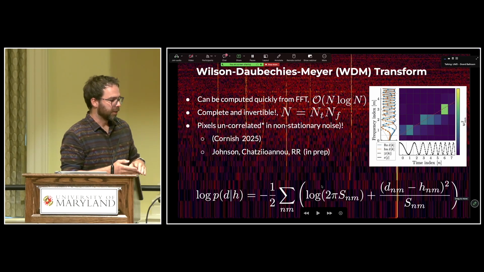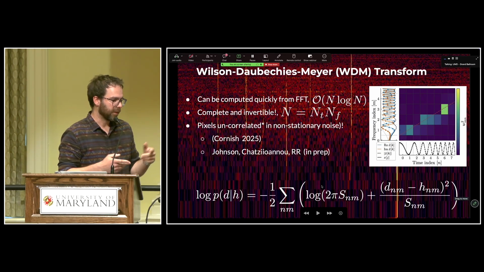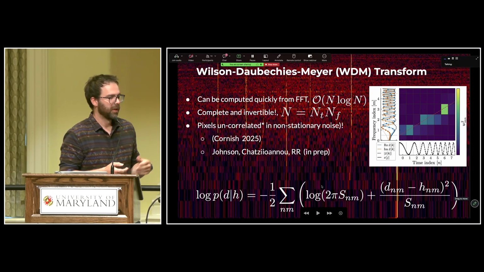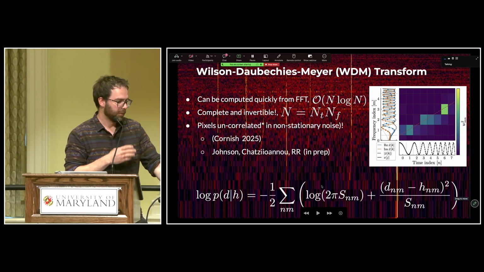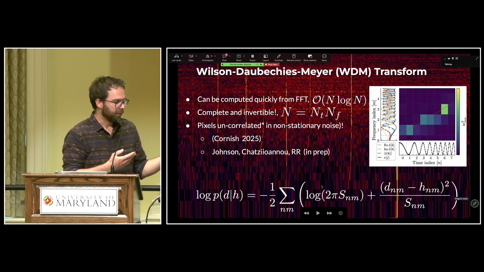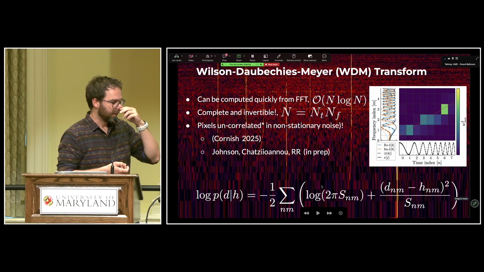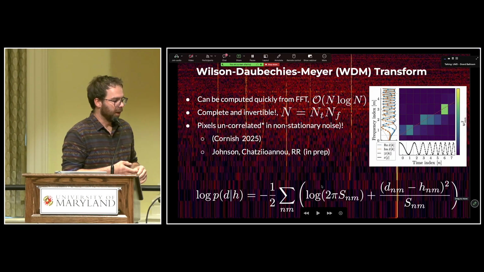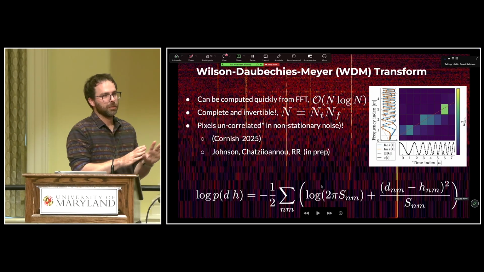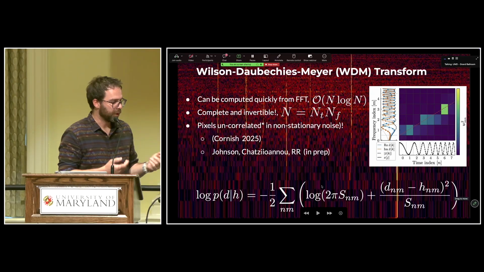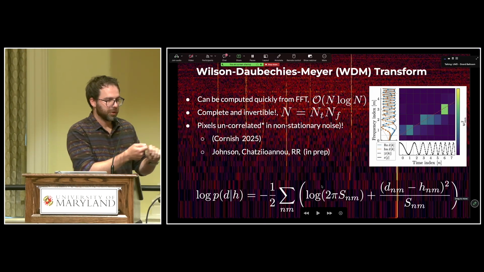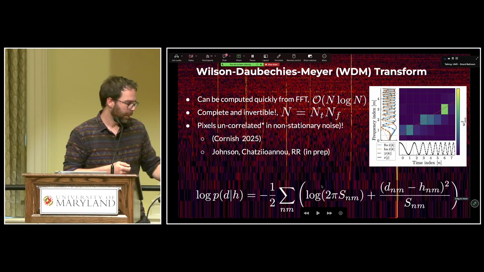And so, Neil had a paper about this last year, and we're also looking into whether those small off-diagonal components in the covariance could change parameter estimation. So the likelihood you get at the end of the day in the WDM domain looks exactly like the normal Whittle likelihood you would get in the Fourier domain, but just summed over pixel by pixel.